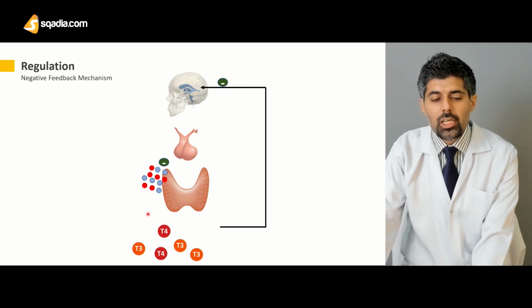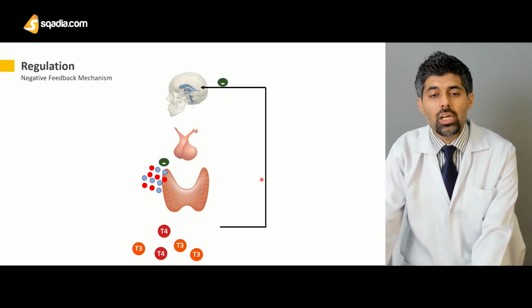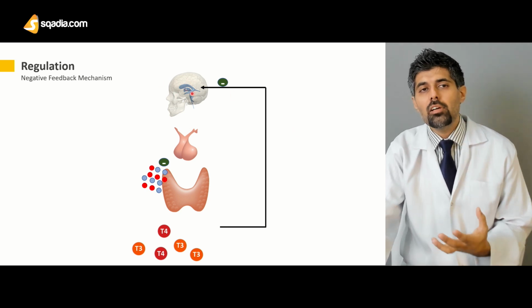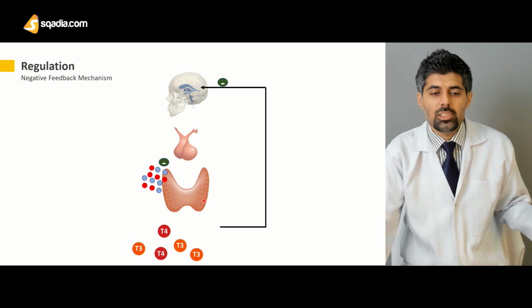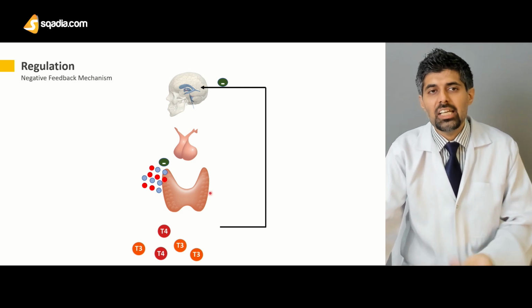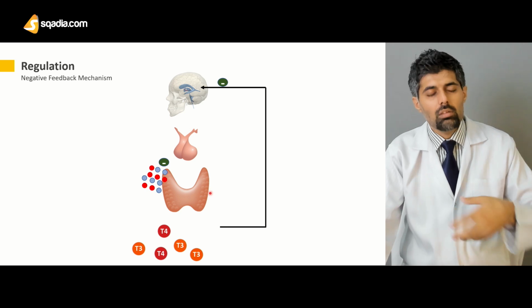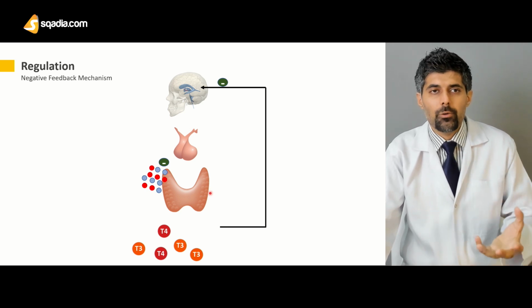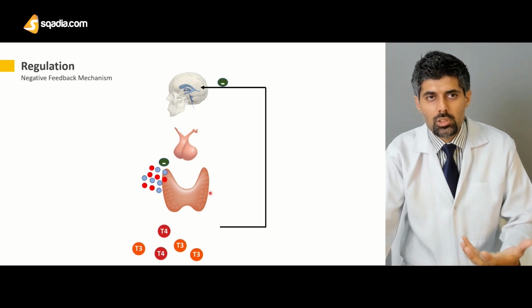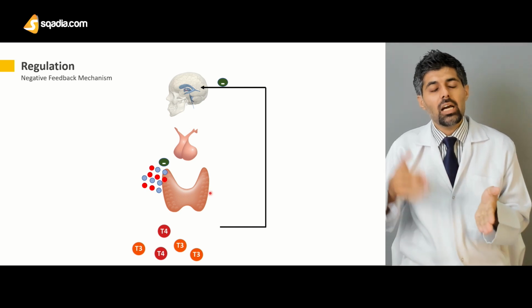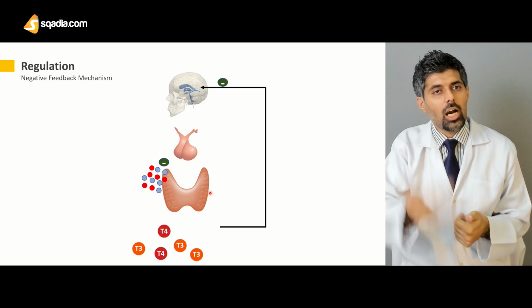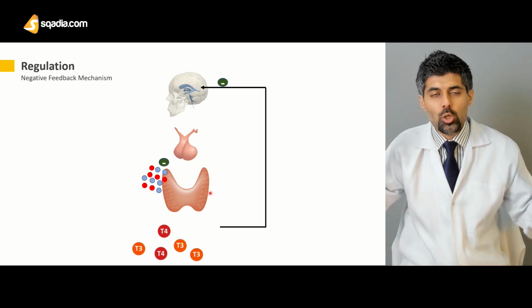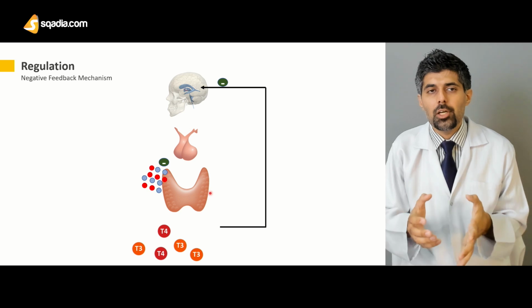And when the circulating amount of both T3 and T4 is decreased, it is sensed by the hypothalamus, and the inhibitory effect of the hypothalamus on the anterior pituitary and subsequently on the thyroid gland is lifted. So again, larger amounts of thyroid hormones start to get produced. But when they exceed their limit, they again give a signal to the hypothalamus, and then the hypothalamus decreases the overall production of the T3 and T4.